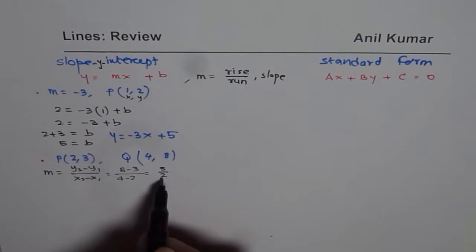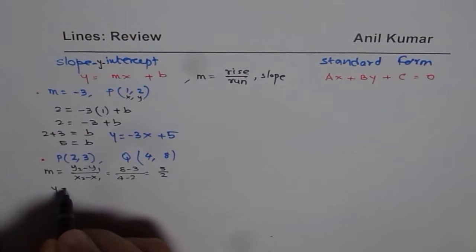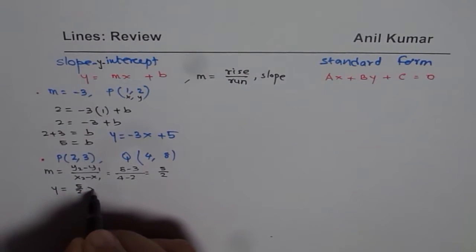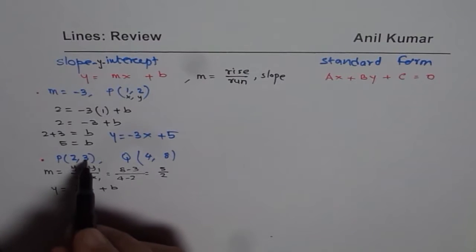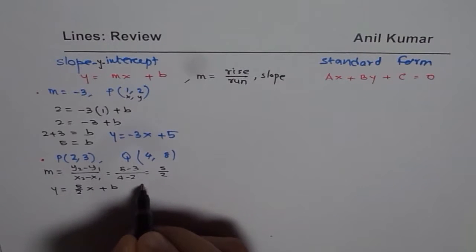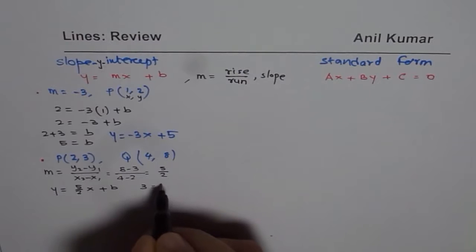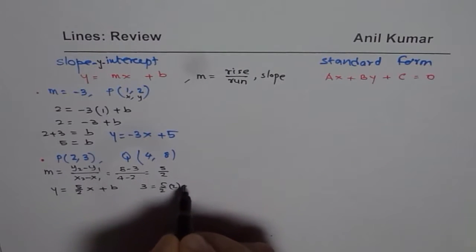Since the slope is 5 over 2, we can write the equation as y equals 5 over 2 x plus b. Now to find the value of b, we'll replace x and y with one of the given points. Now (2, 3) is a good point to start with, since the 2 and 2 will cancel out. So let's use (2, 3). 3 is the y value, so we get 3 equals 5 over 2 times 2 plus b.